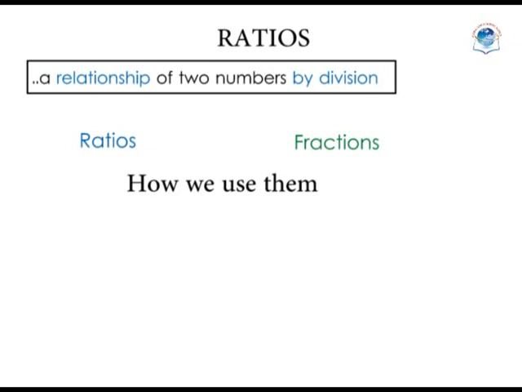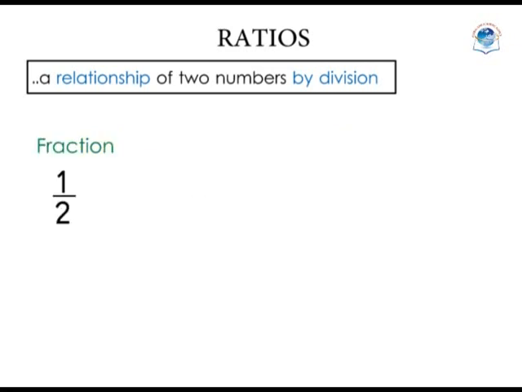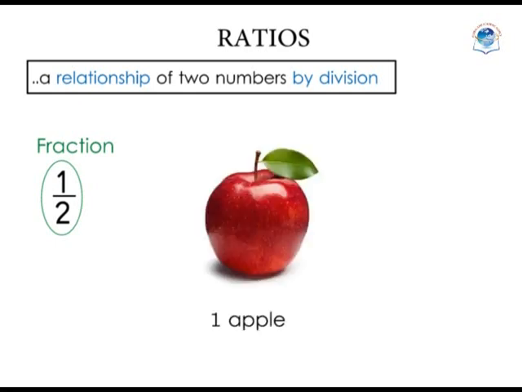To clear that up, let's see how we can use the fraction 1/2 and the ratio 1/2. Mathematically, they both mean the same thing, 1 divided by 2. But in fractions, we usually treat it as if it was one single number. For example, if you're hungry, you might eat 1 apple.